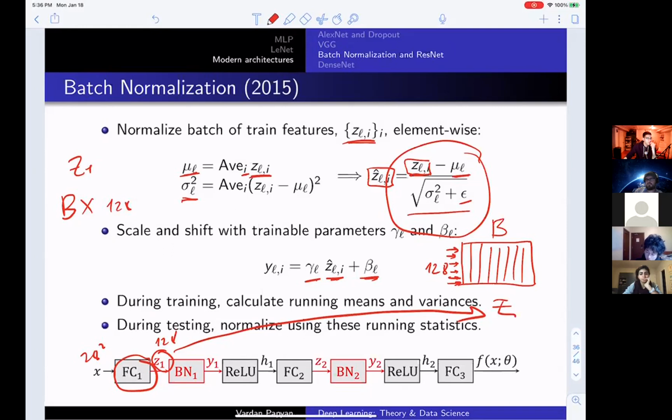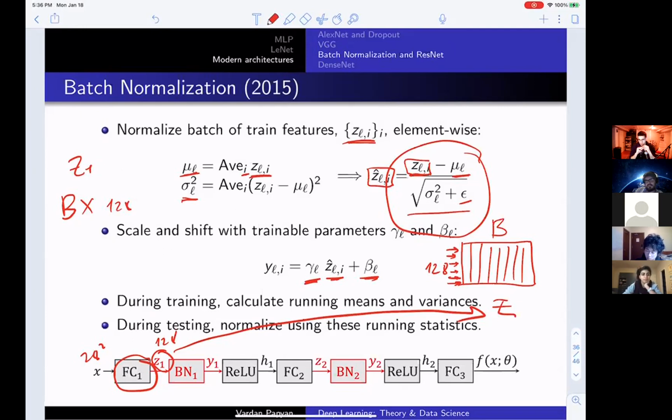So basically you take a bunch of features, calculate the mean, calculate the variance, subtract the mean, divide by the standard deviation, and then you get something which has zero mean and unit variance. And then you apply an affine function. Now, this sounds very, very strange. Does anyone know why it sounds strange?